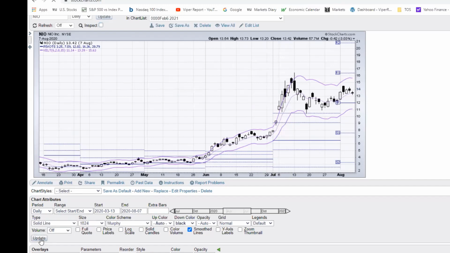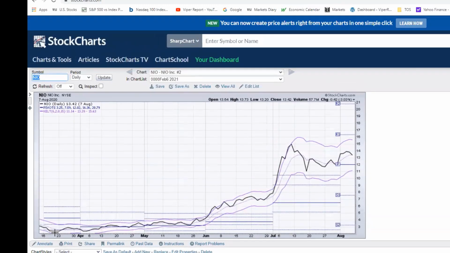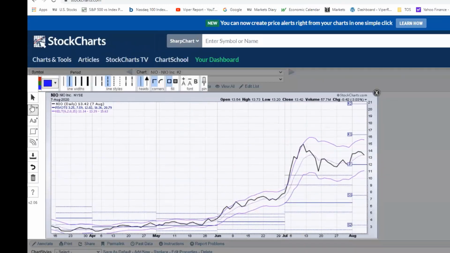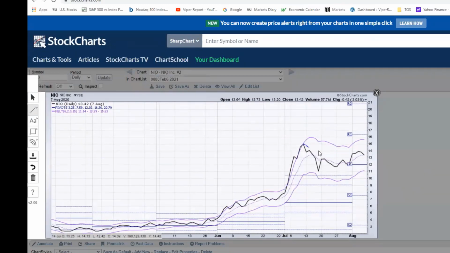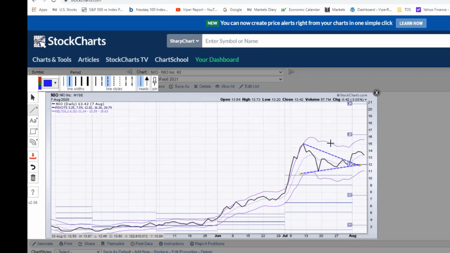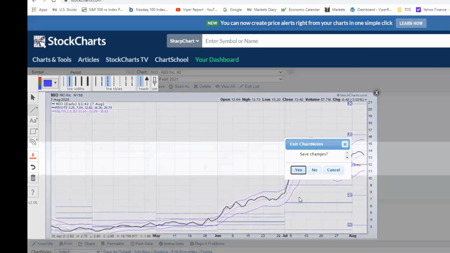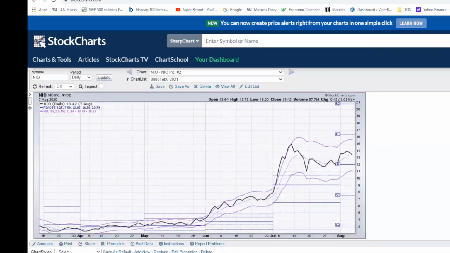So you put this in a solid line, you get a little more definition that this is some sort of continuation pattern, which is one of my favorite types of formation. You can see right at the end of July, you came back. So you started off the week above the pivot. The pivot looks to be around 12 there, and that's sort of the area you're looking for.